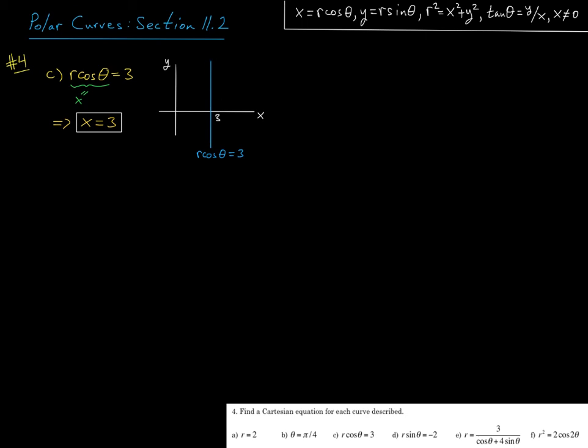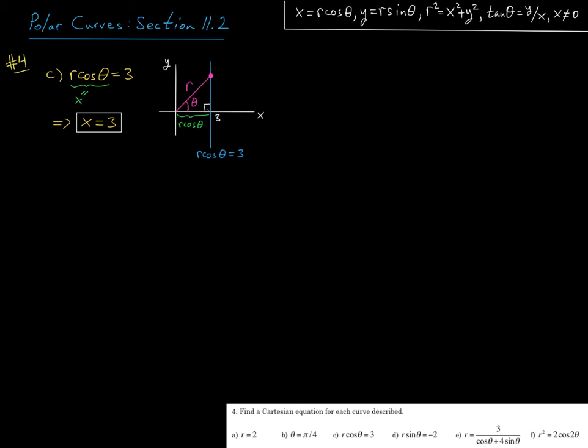Now, a way I can interpret this polar equation is that if I take any point on this vertical line, the distance from the origin to this point is what we call r, and this angle theta, formed by the positive x-axis and this ray, is right here.